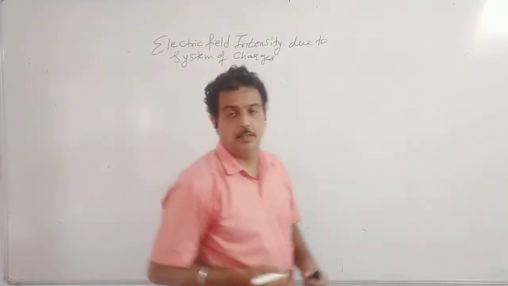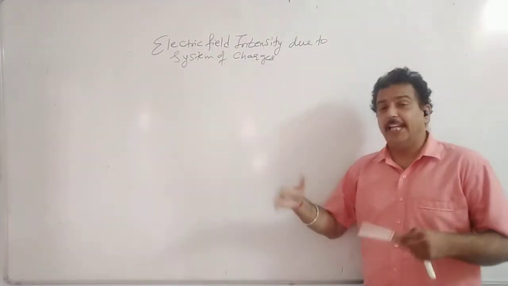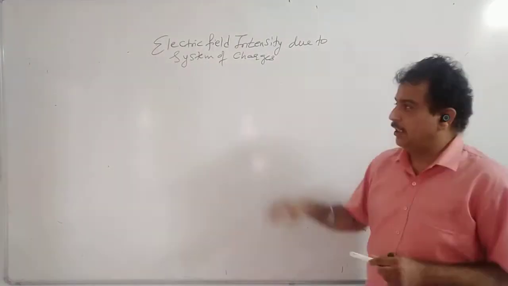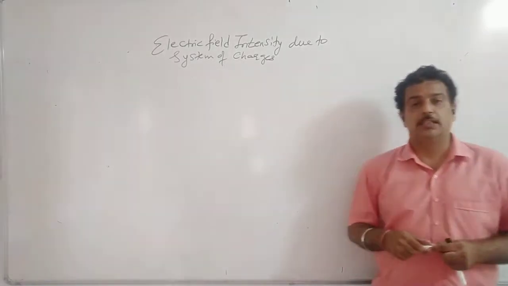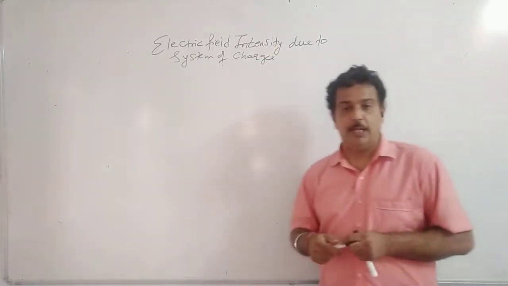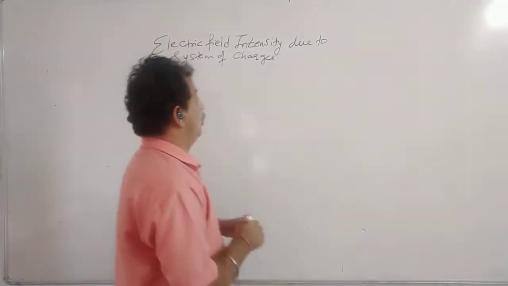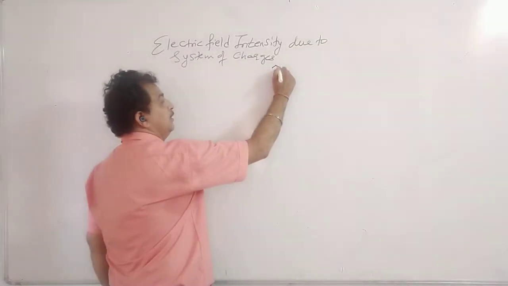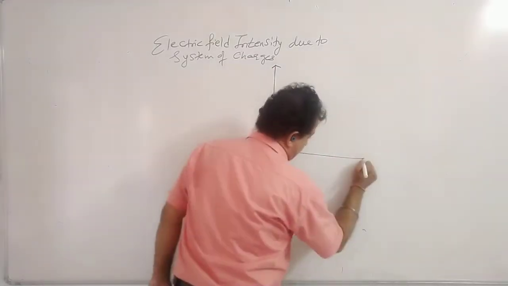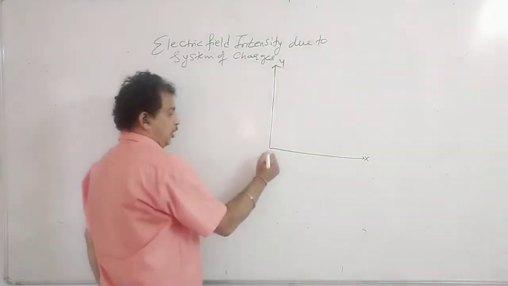Now in the system we have n number of charges. It is similar to the superposition principle that we have applied for Coulomb's law. So let us consider a system in a Cartesian coordinate system.